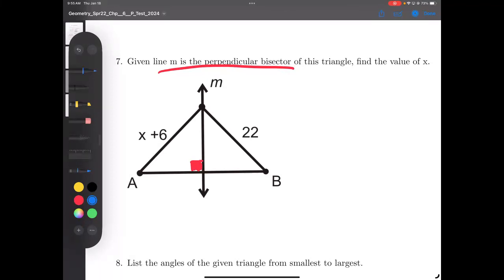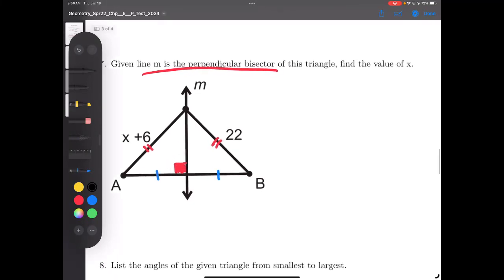Don't have to, but the consequence of that are these. Once you get those, set them equal to each other. Figure out what x is. Should be 16.